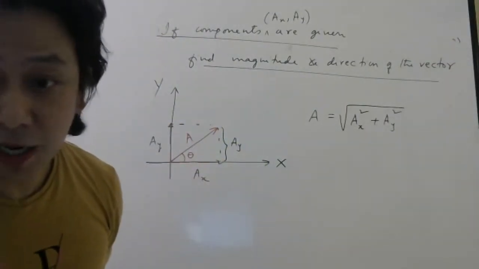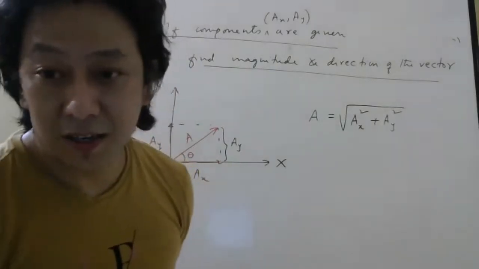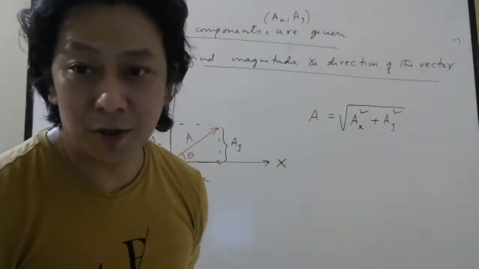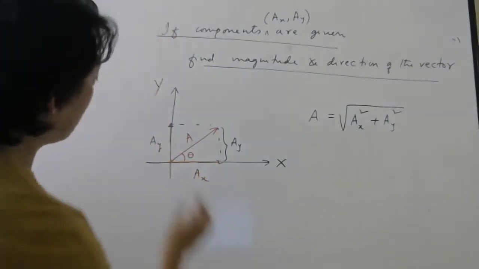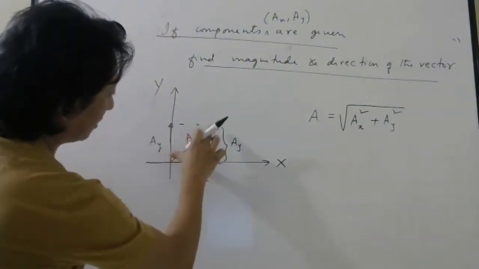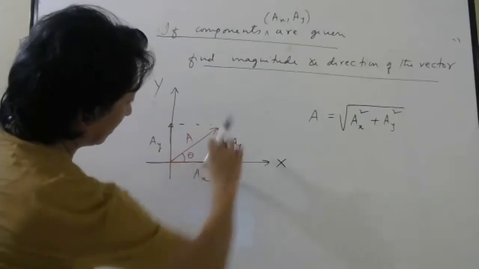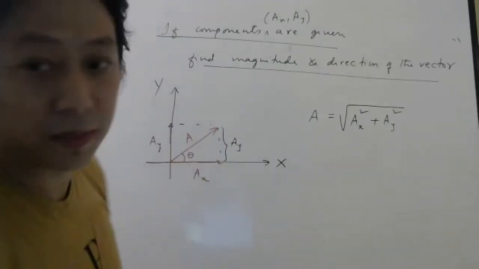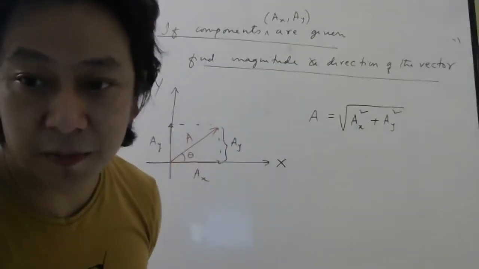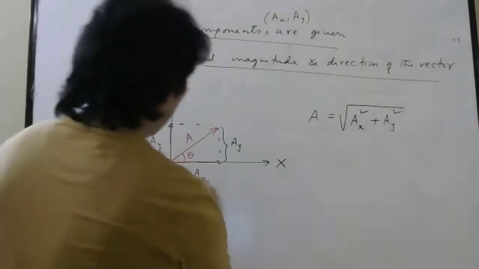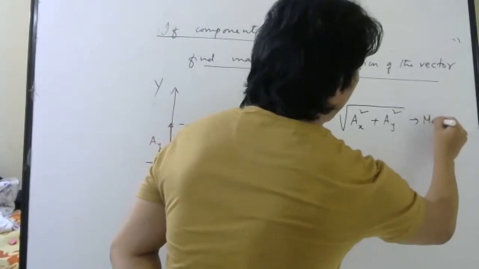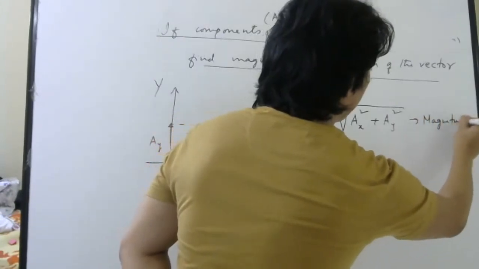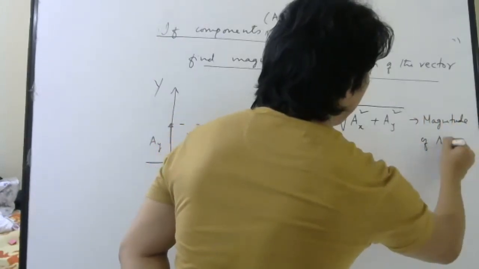No, you cannot write ax plus ay, Monisha. It is not a scalar quantity which you can directly add. So you have to find this magnitude; I want this length, given this length and this length. So root over ax square plus ay square. This will give the magnitude of a bar.